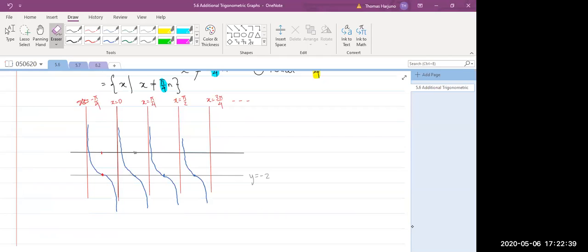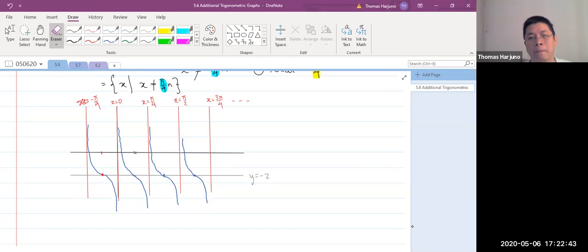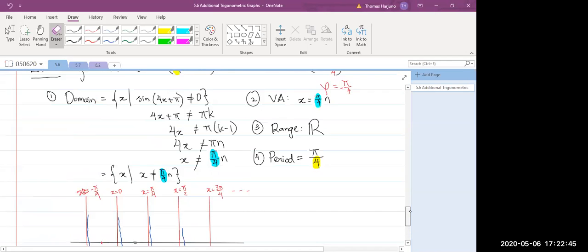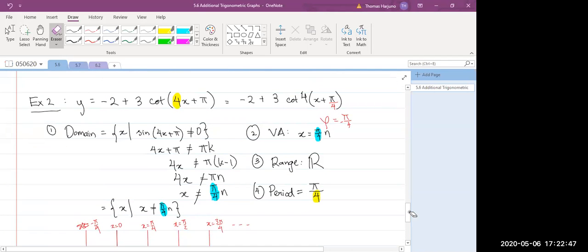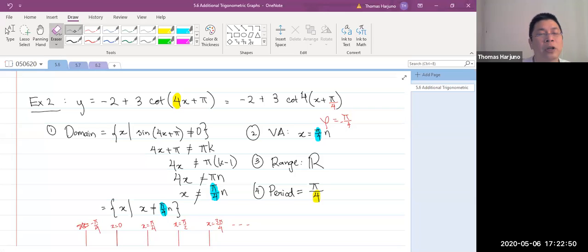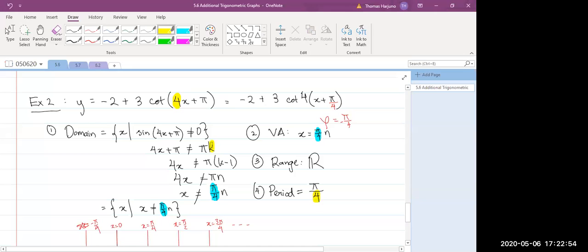Can you briefly go over the domain just one more time? I'm just confused how you got from K to N. Oh, K is a constant, an integer. So K minus 1 is also an integer.